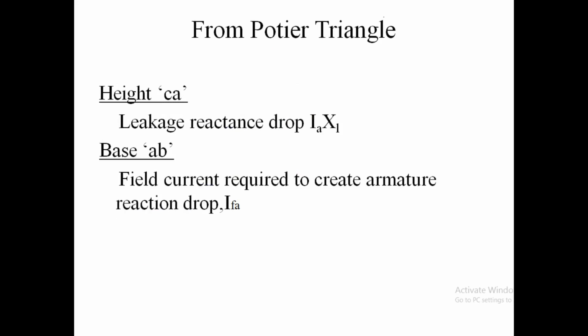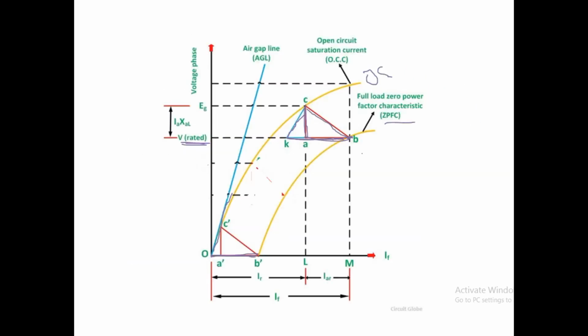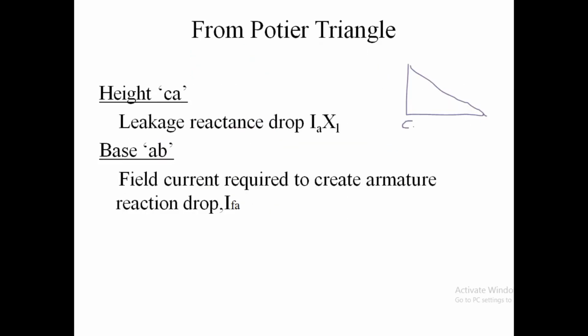From the Potier triangle, what are we obtaining? You get a right angle triangle like this, and the vertices are marked: this is A, this is B, and this is C. The height CA is the leakage reactance drop IA XL, and the base AB is the field current required to create the armature reaction drop, IFA.